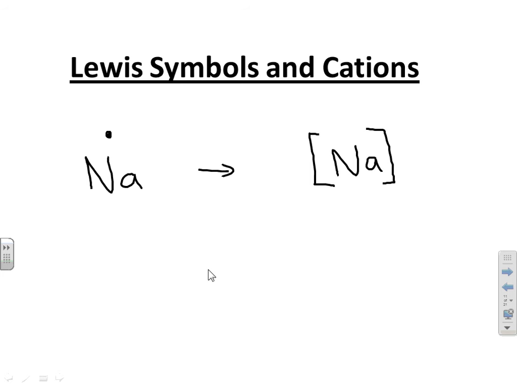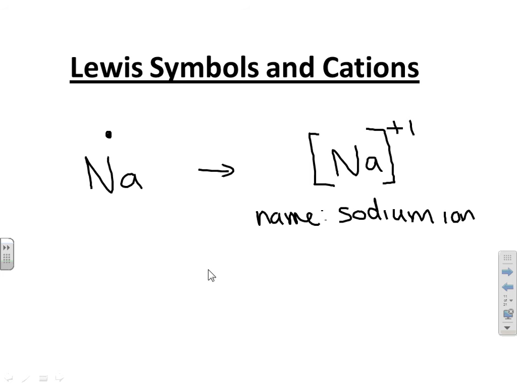That's just what we do when we draw Lewis diagrams. And we put a +1 charge, okay? So it loses the outer electron, and the amount that it is positive is the same as the number of electrons it's lost. The name of this thing is called a sodium ion.